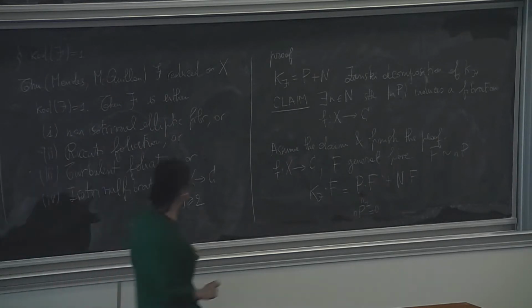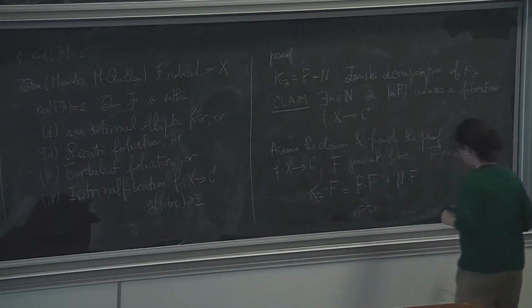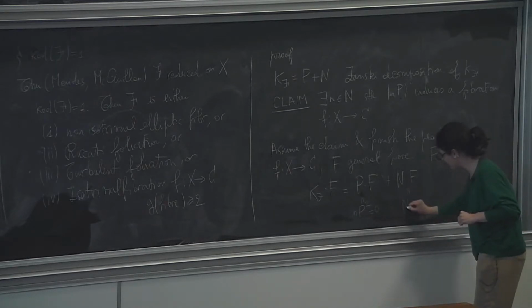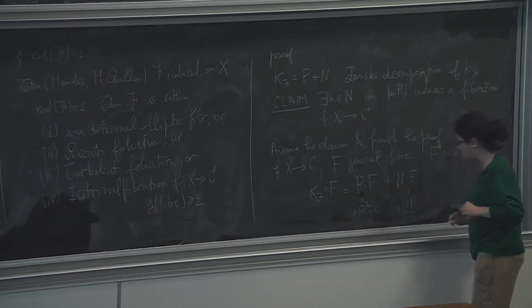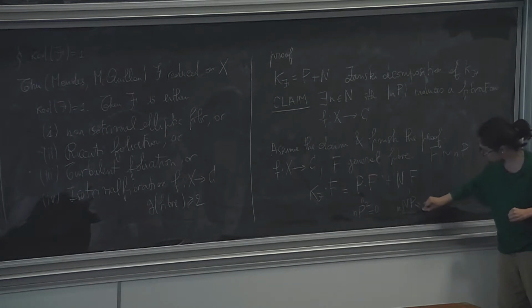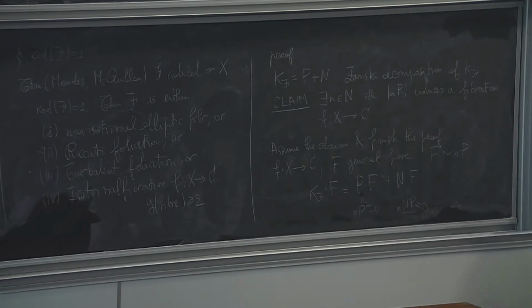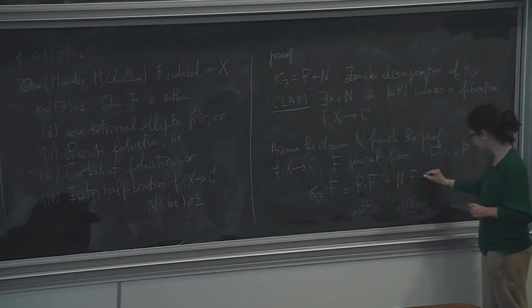So P squared has to be 0. And this is n times P·N, and this is 0, because P and N are the positive and the negative part of the Zariski decomposition. So they are orthogonal. So this is 0.